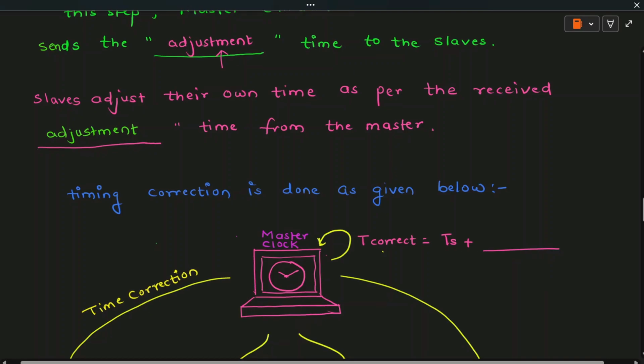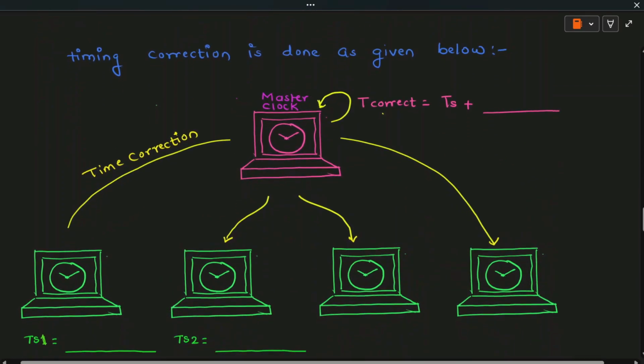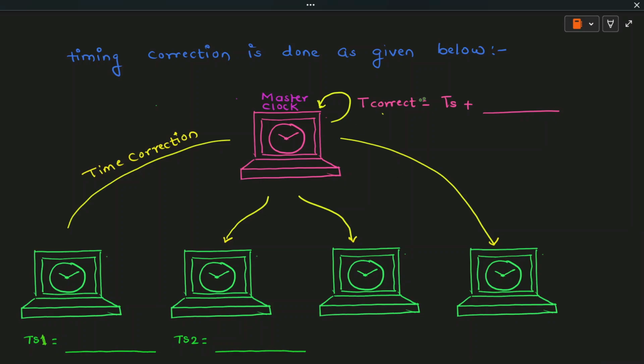So timing correction is done as given in the below figure. T correct is equal to the time of master plus the average time, that is, Tm plus T average. Now the master has corrected its time by adding the average time.